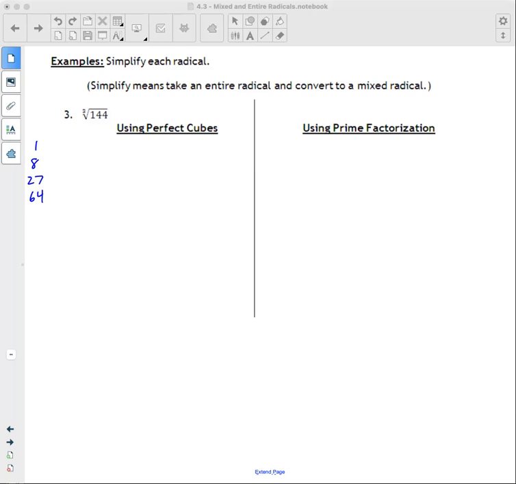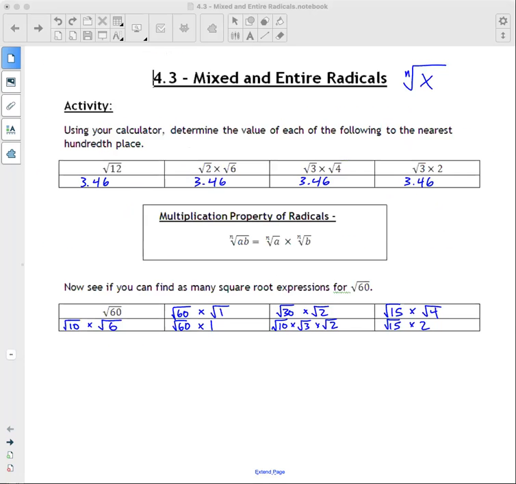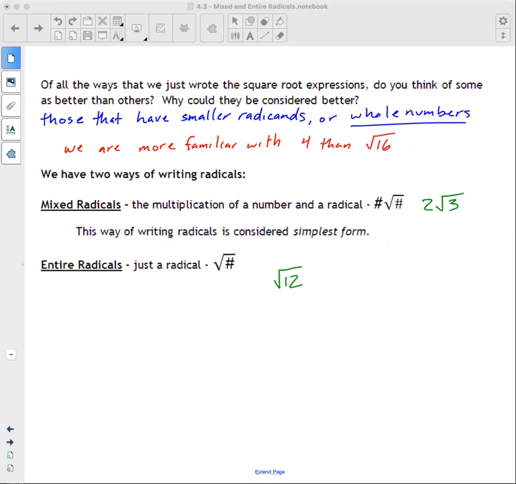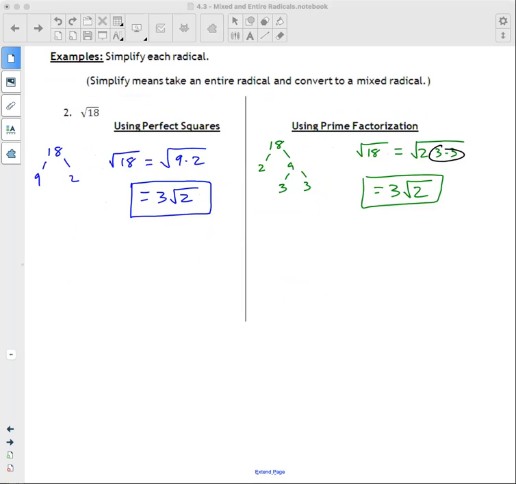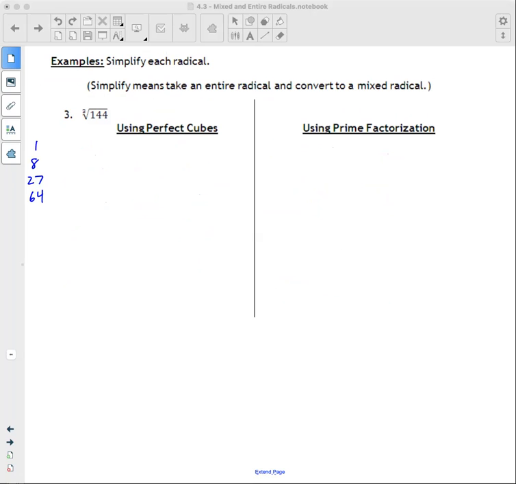And why I'm doing this, so remember our multiplication radical rule from a few slides back? Multiplication property of radicals. As long as our roots are the same, for the product we're just looking for two factors. So I'm trying to look for a perfect cube factor of 144.